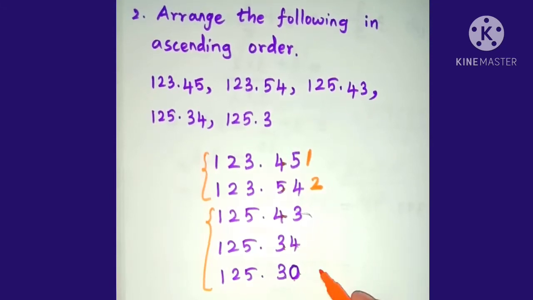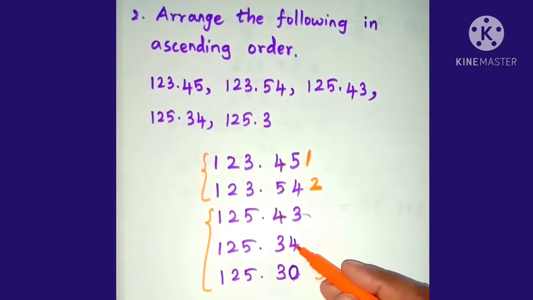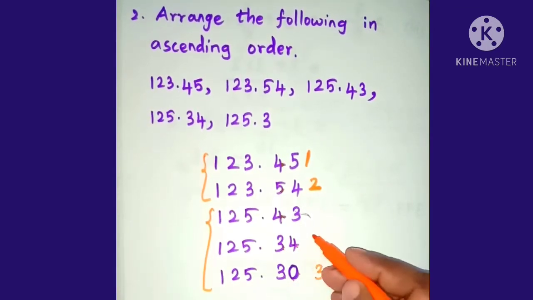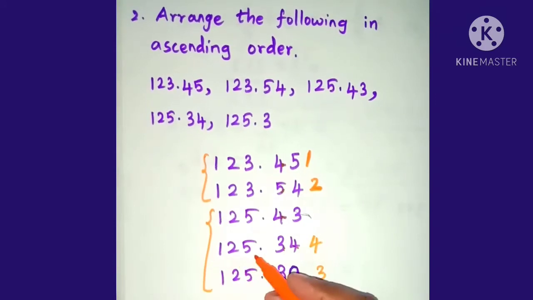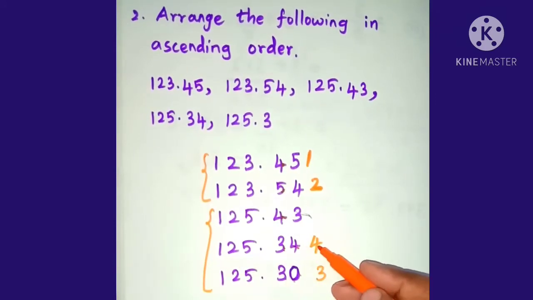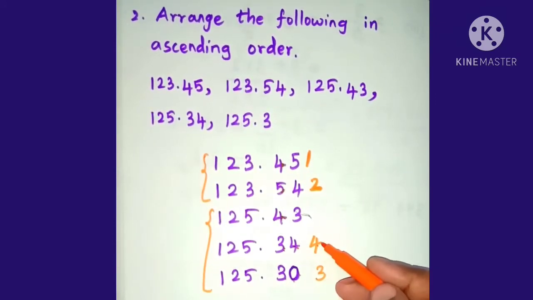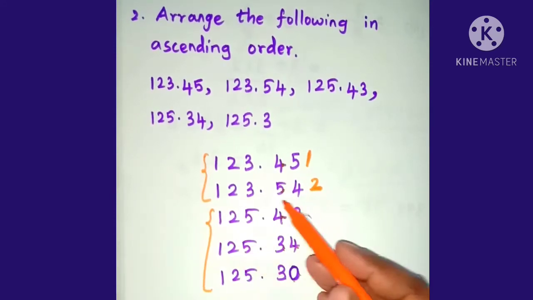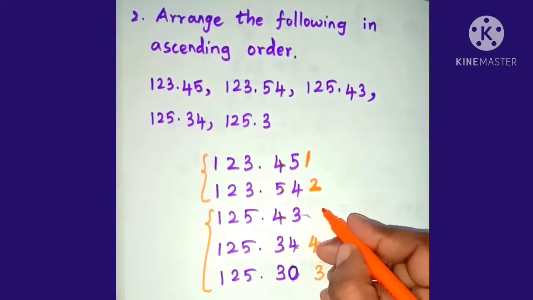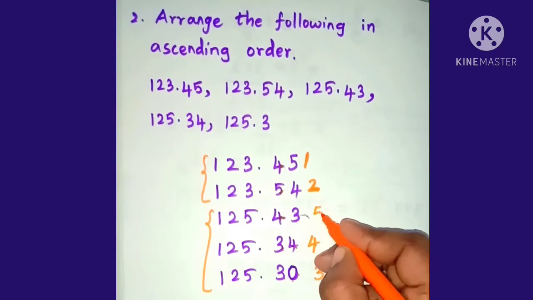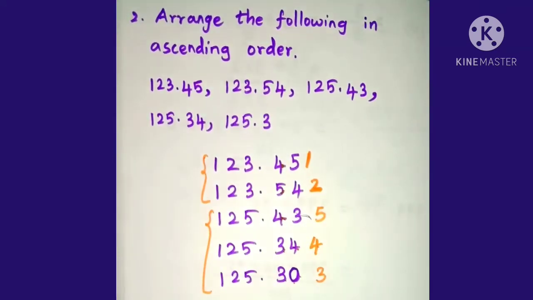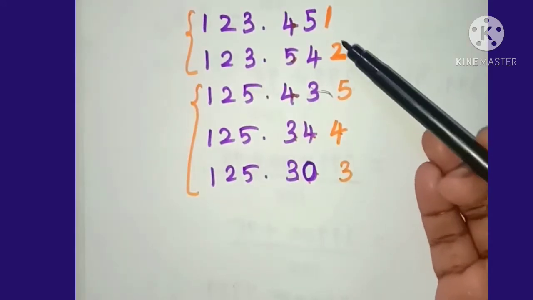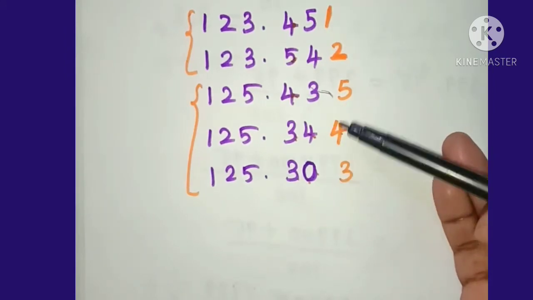So this is the third number. And then 125.34 will be the 4th number. And finally 125.43 will be the highest number. Students, here we marked 1, 2, 3, 4, 5.